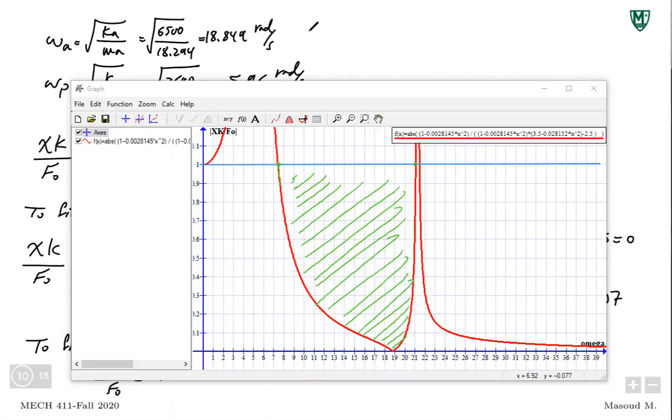If I draw this line, this is the bandwidth of operation. It is pretty close to what we got, 7.4, somewhere around here, and 21.07. That's the bandwidth. Above this, it doesn't work. All right. Let me stop that.